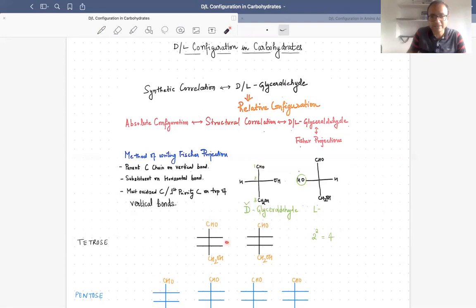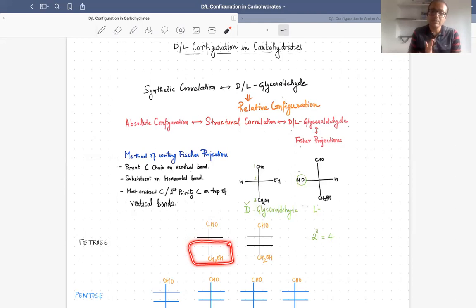If I try to compare this part, this is the part that is going to decide, because this is what is similar to the glyceraldehyde part, and the configuration or the presence of the OH group in this part would decide whether it belongs to the D configuration or the L configuration. Right now, I'm going to use the D configuration. The L configurations would be simply the mirror image of the D configuration.